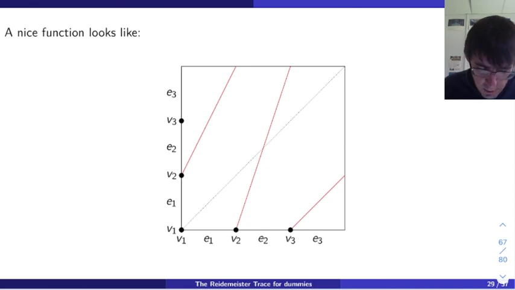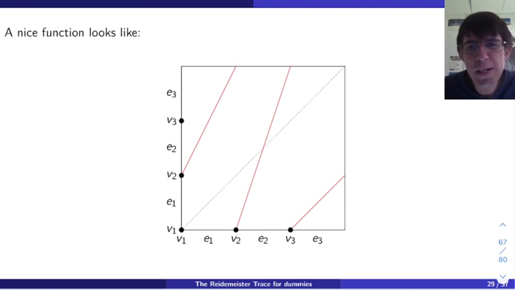I subdivided the domain and the codomain into 3 bits, and this function now has the property that, for instance, this little bit here goes onto the union of these 2 bits. And this bit in the middle goes onto the union of all 3 of the bits, and then this little bit over here goes onto this little bit over here. Such a map is called a cellular map after subdividing.